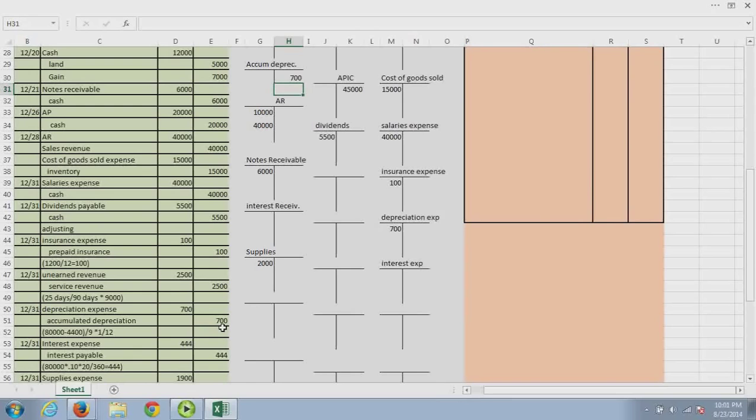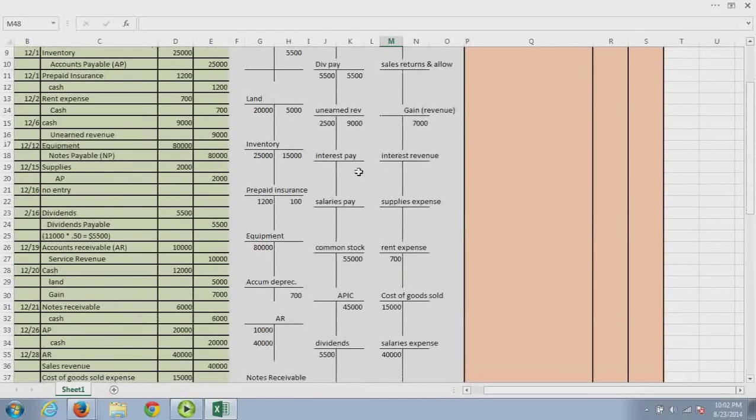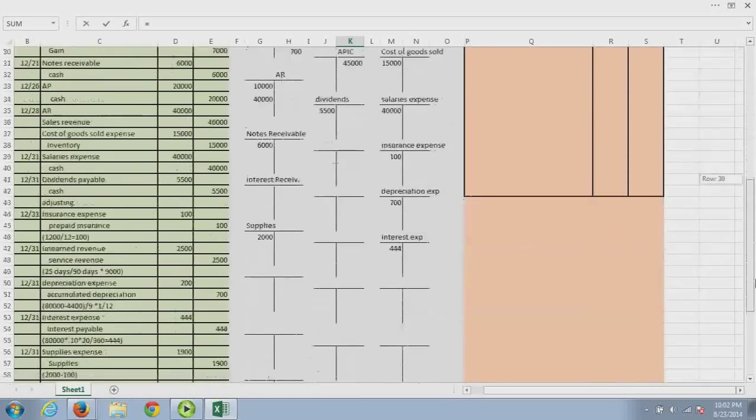Okay, and then we accrued the interest, so this is an accrued expense. So we have interest expense, principal times interest times time, 20 days out of 360, and then interest payable is with the liabilities, short-term liability.